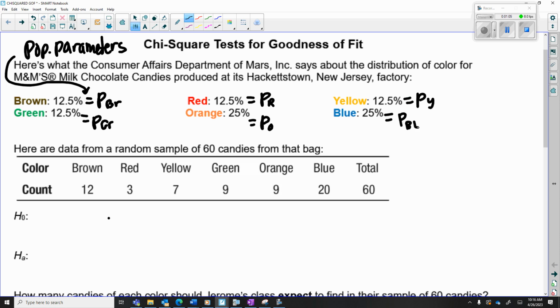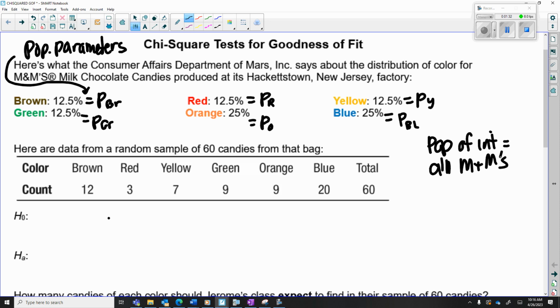And notice they're claiming that the percent of orange is 25% in the population of all M&Ms created. So the population of interest is all M&Ms produced by the M&M and Mars company. And the parameters are all of these color breakdowns, and we would list them all if we wanted to.